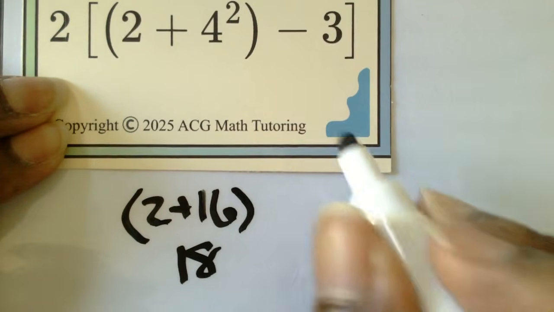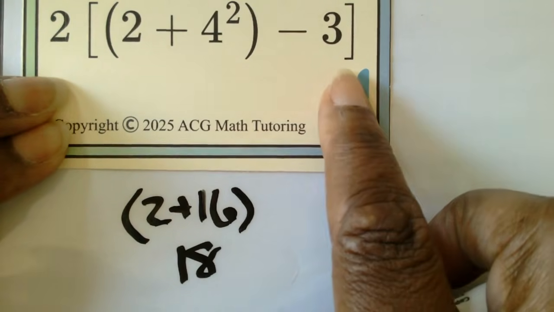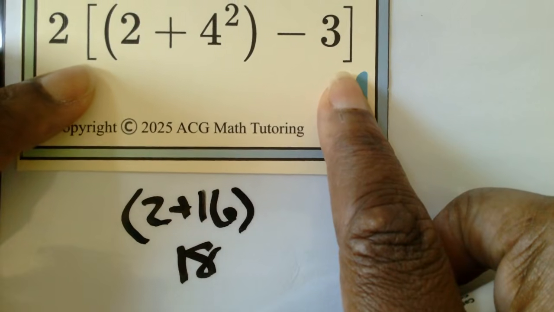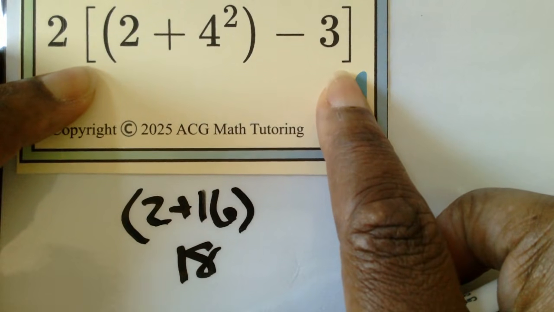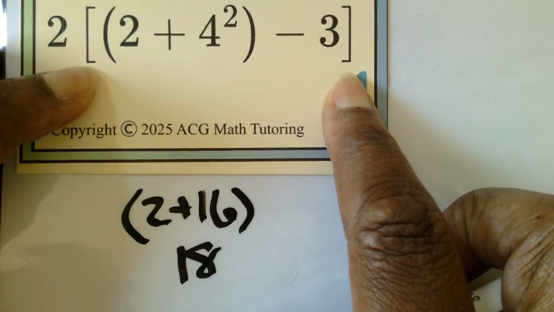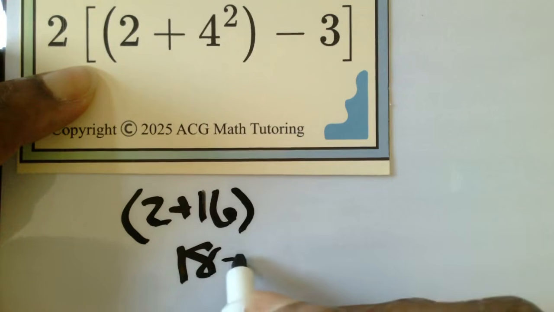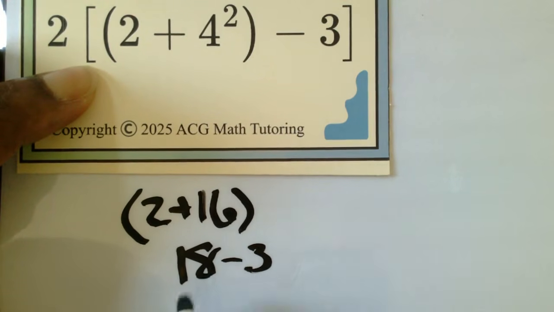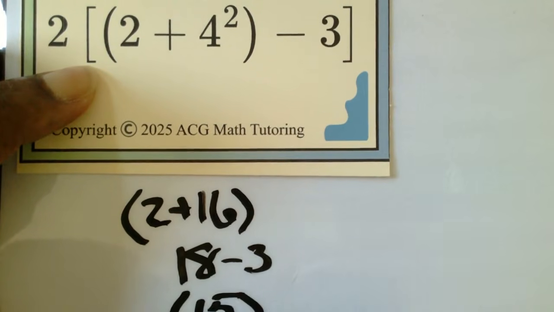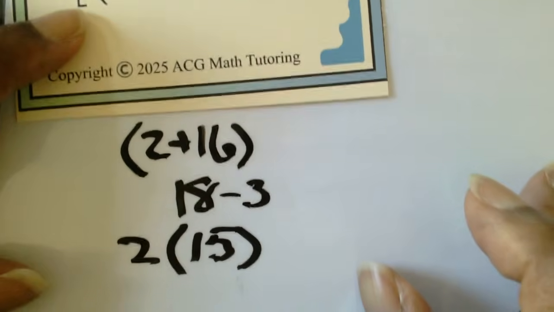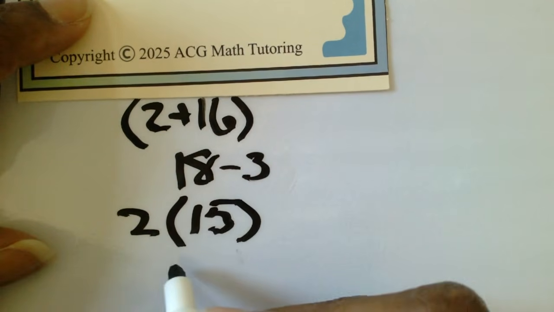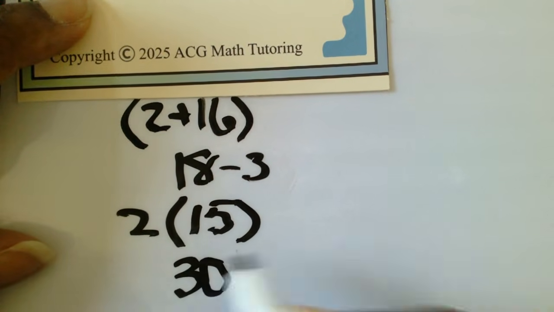Now, 18 minus 3, that's inside of brackets. For us US people, brackets are very similar to parentheses. So once you have that 18 minus 3, you're going to have your 15. Then you're going to multiply that 15 by 2, which gives us the answer of 30.